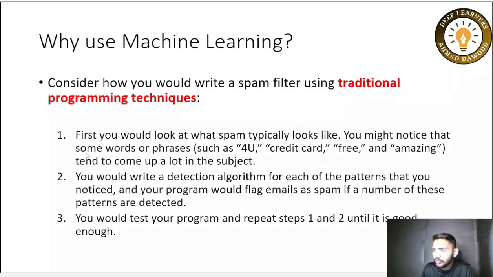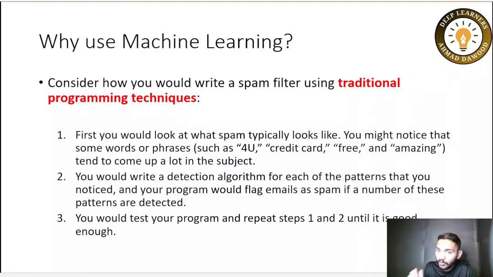In this way, you test your program and repeat step one and step two. Again, you will find some frequent patterns and update your rules or detection algorithm until you achieve good results. So here you are manually writing the rules for the patterns.